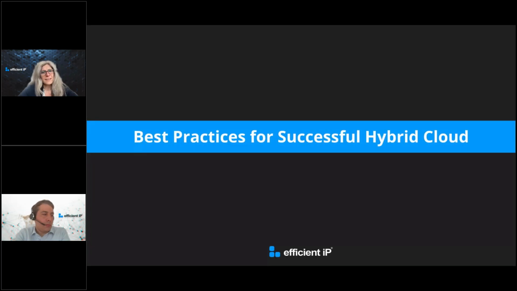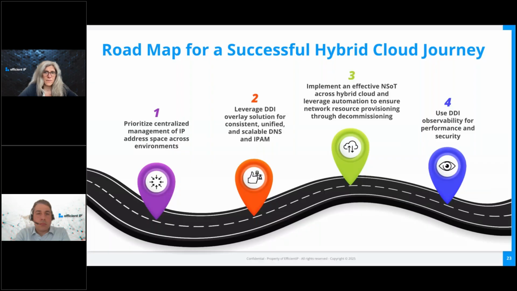So based on that, let's summarize key best practices for a successful hybrid cloud journey. Let's walk through the key steps we see on the slide in order to build that successful hybrid cloud journey. So first thing, to manage the complexity of hybrid cloud environments, start by prioritizing centralized management of your IP address space.